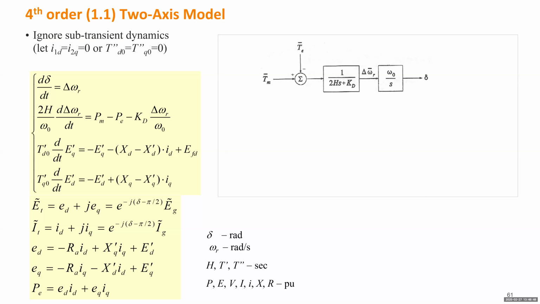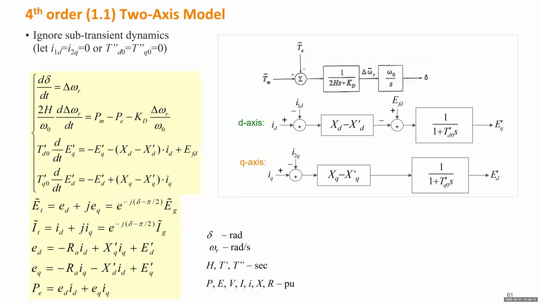If you want to draw the block diagram, the swing equations we already explained, so it will contribute 1 block diagram with 2 state variables. And the next 2 differential equations can create another 2 block diagrams, one in Q, one in D. That's why this model is also called the 2-axis model. Okay, so they will have such block diagrams.